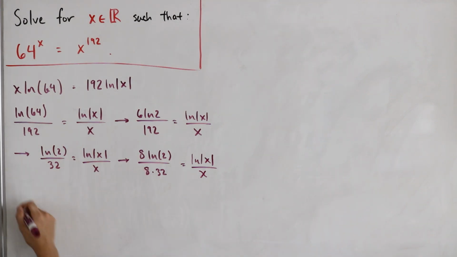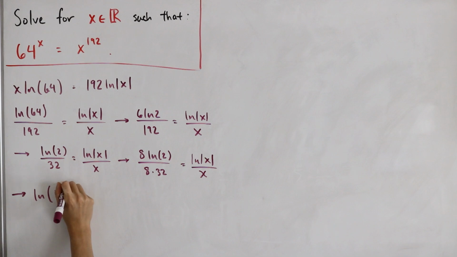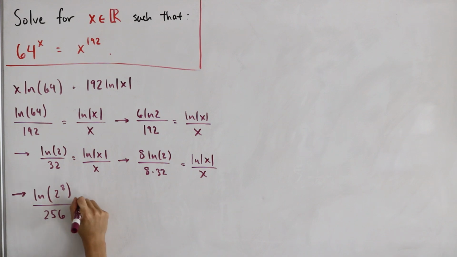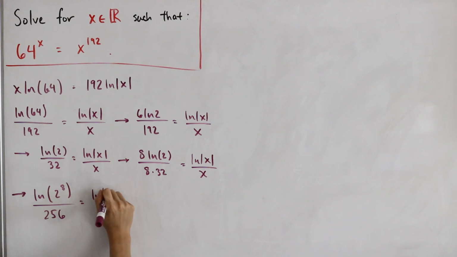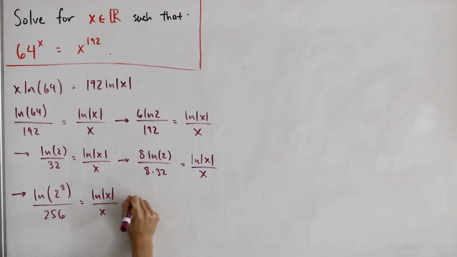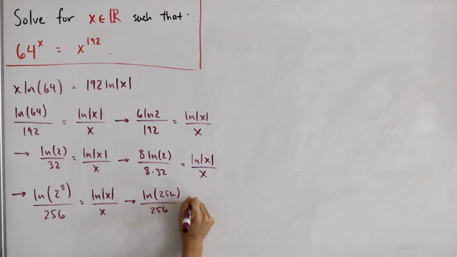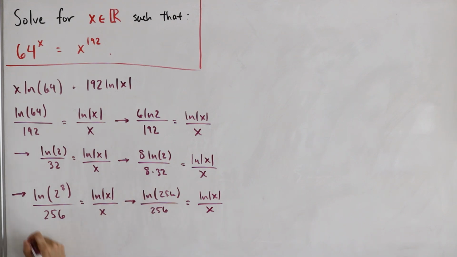Of course that can be rewritten as the natural log of 2 to the power 8, and on the bottom, 8 times 32 is going to be 256, which is then equal to the right-hand side. And notice that 2 to the power 8 is the same thing as 256. So the natural log of 256 divided by 256 is equal to the natural log of x divided by x. Now you just compare the left-hand side and the right-hand side.